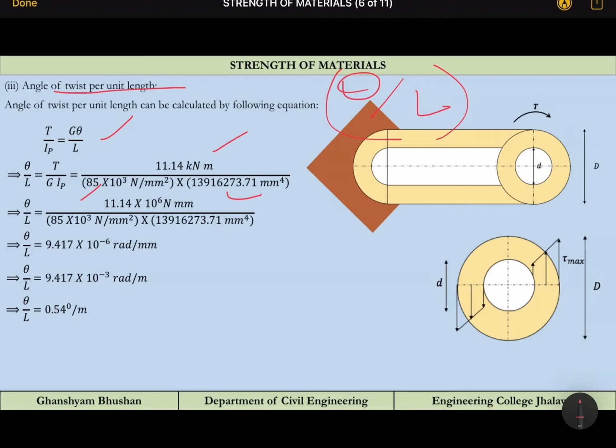Convert all quantities into the same units so that the units cancel out, and it comes out to be 9.417 into 10 to the power minus 6 radian per mm. Converting into meters, it becomes 9.417 into 10 to the power minus 3 radian per meter, or in degrees it is 0.54 degree per meter.